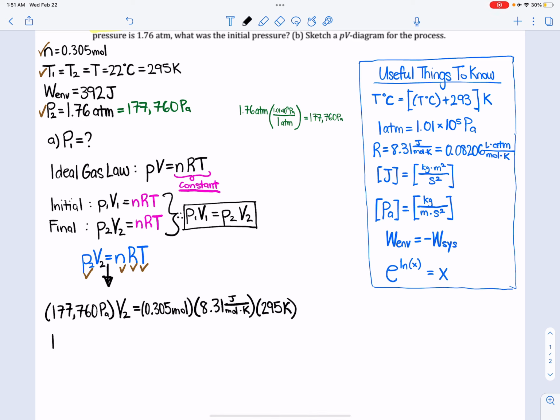So this will be 177,760, and instead of pascals, I'm going to use kg over meter times second squared.